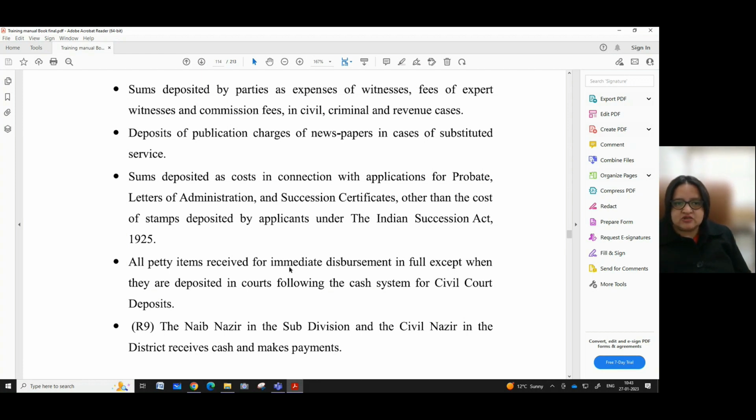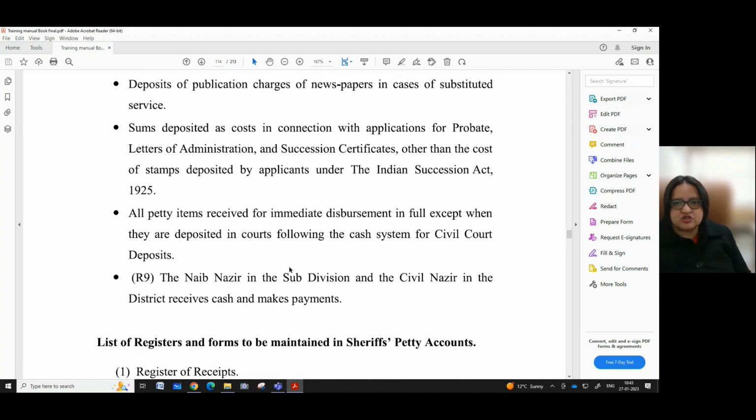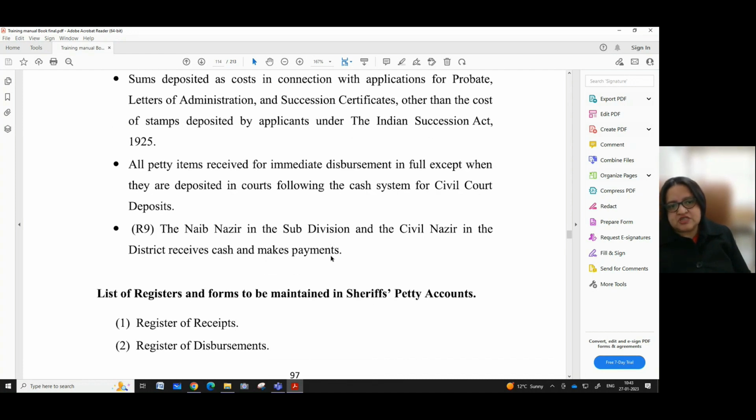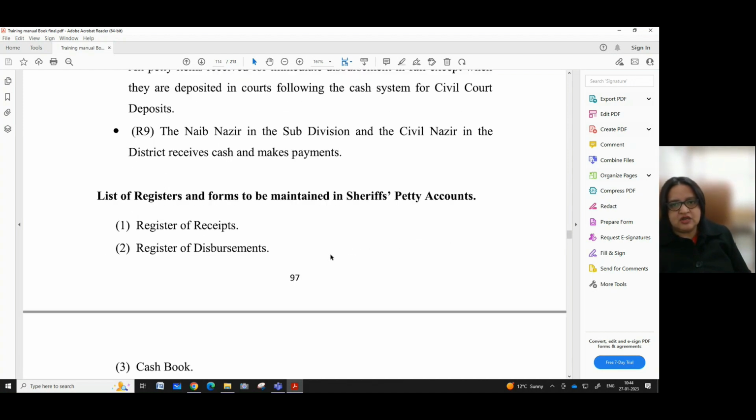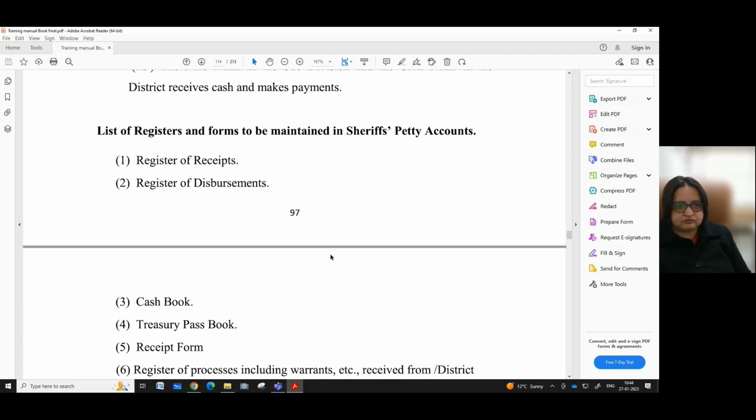Sums deposited as cost in connection with applications for probate, letters of administration, and succession certificates, other than the cost of stamps deposited by the applicants under the Indian Succession Act 1925. All petty items received for immediate disbursement in full, except when they are deposited in courts following the cash system for civil court deposits. Rule 9 says that the Naib Nazir in the subdivision and the Civil Nazir in the district receives cash and makes payments.